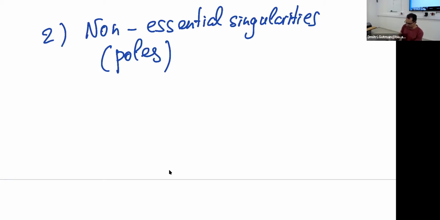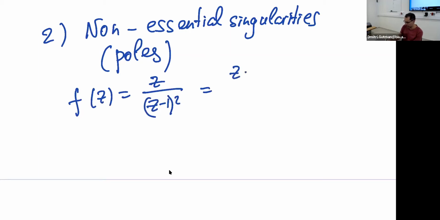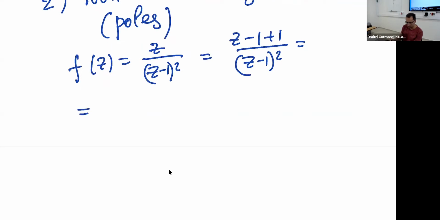First of all, let's look back at our example. V of z equals z over (z minus 1) squared. We can write it as (z minus 1 plus 1) over (z minus 1) squared, and this will be 1 over (z minus 1) squared plus 1 over z minus 1.